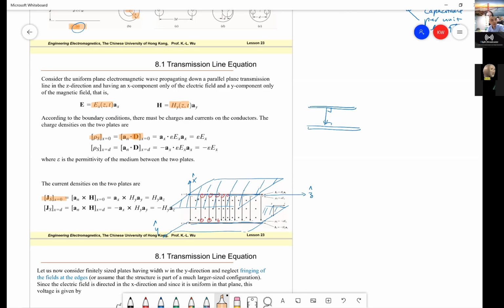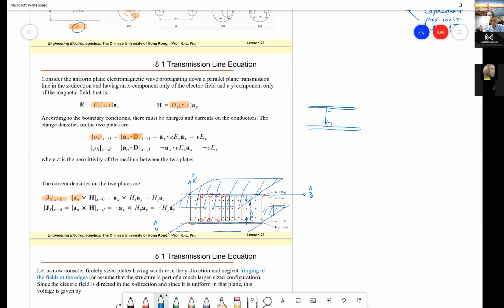This is what we learned in the boundary condition for the tangential magnetic field. N is the normal direction. This is the N direction. So N cross the magnetic field.